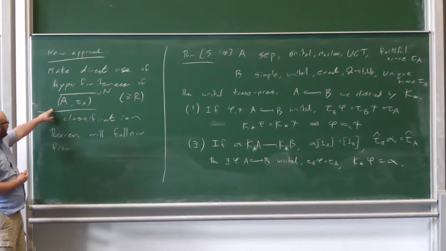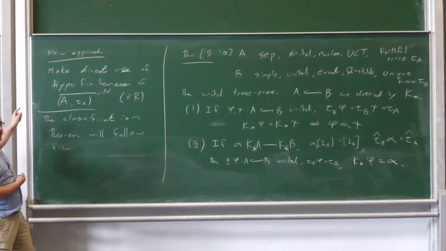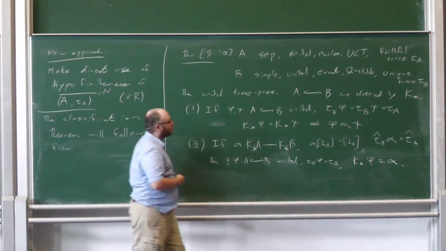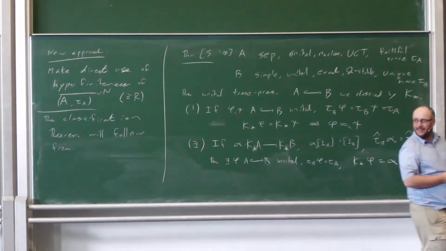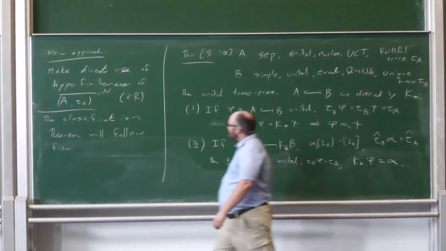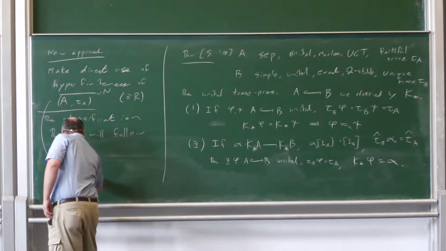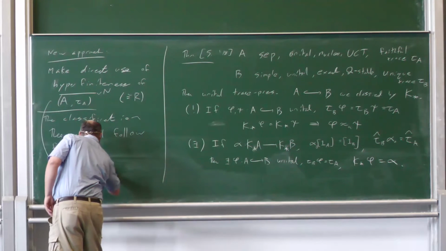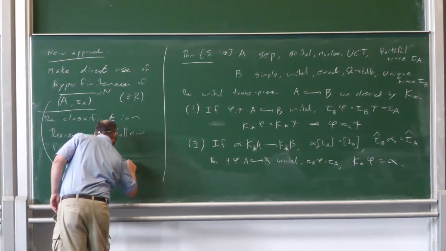In this one, maybe I should have called that a B to match what I wrote just after. Here, A, let's say, separable, nuclear, unique trace.